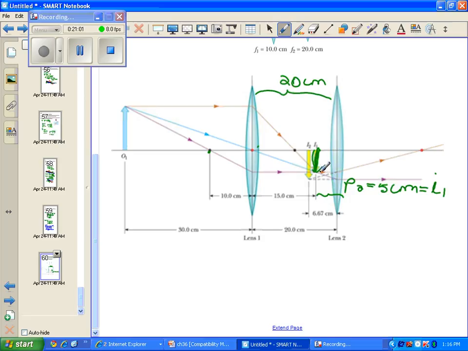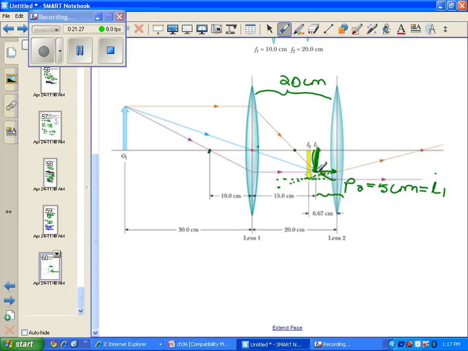the image that is formed by lens 1, becomes the object for lens 2 at a distance of 5 centimeters. So here we go, parallel to the principal axis, through the focus, and back traces, so you can see we're going to end up with a virtual image. Second one comes in as though it's coming from F2, and parallel to the principal axis, there's back tracing to that one.